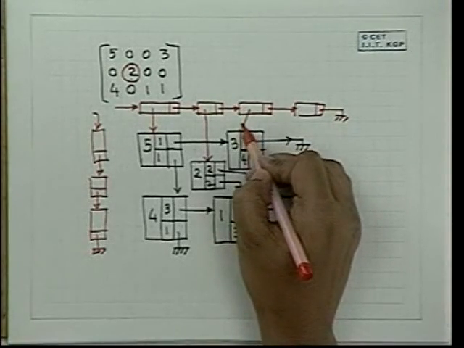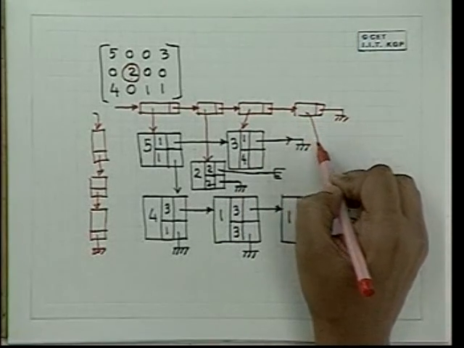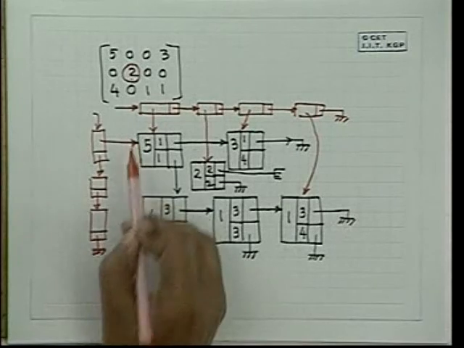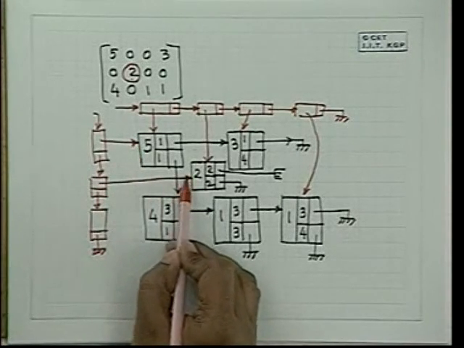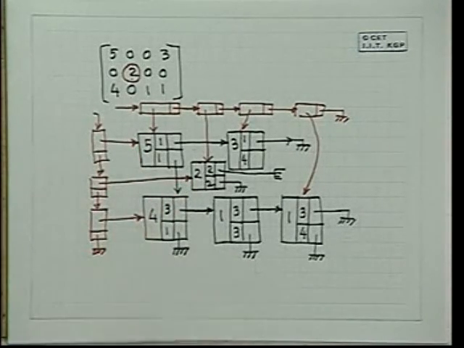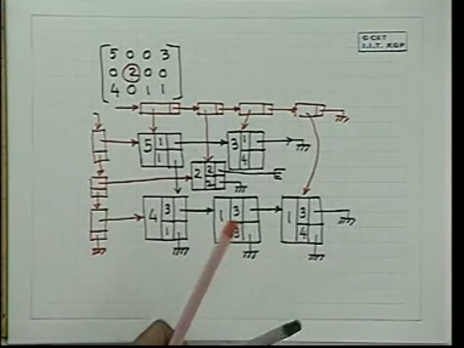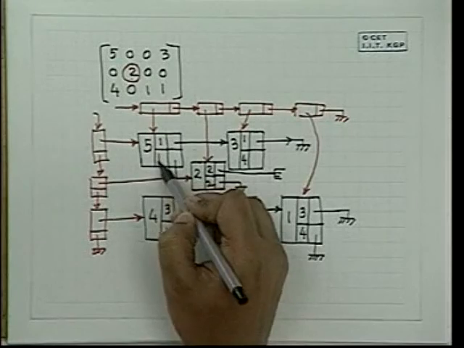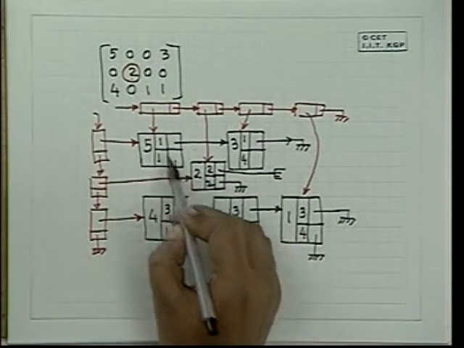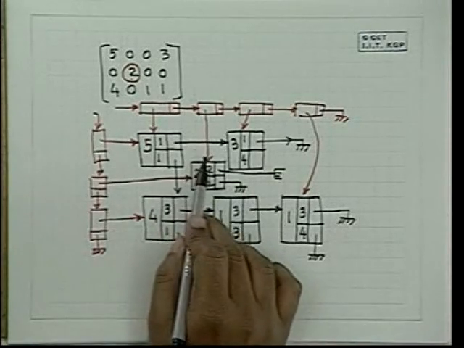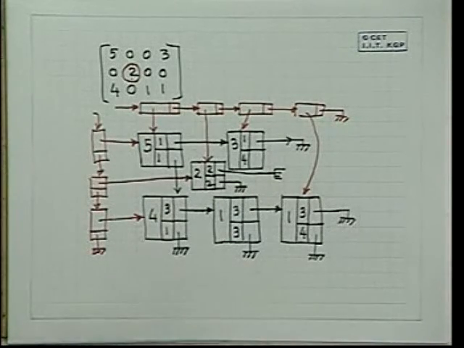This will point here, this will point here, this will point here, this will point here. Another thing is you need not have these two fields anymore, because these fields are available from this side, but let us have it for the time being.